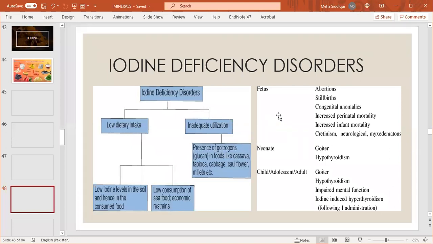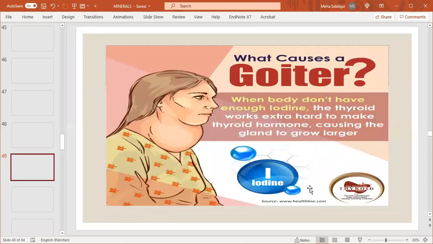The main deficiency disorders in fetus are abortion, stillbirths, congenital anomalies, increased perinatal mortality, increased infant mortality, cretinism, neurological and mixed myxedematous. In neonate, it causes goiter, hypothyroidism. In child or adolescent adults, it can lead to goiter, hypothyroidism, impaired mental function, iodine-induced hyperthyroidism following iodine administration.